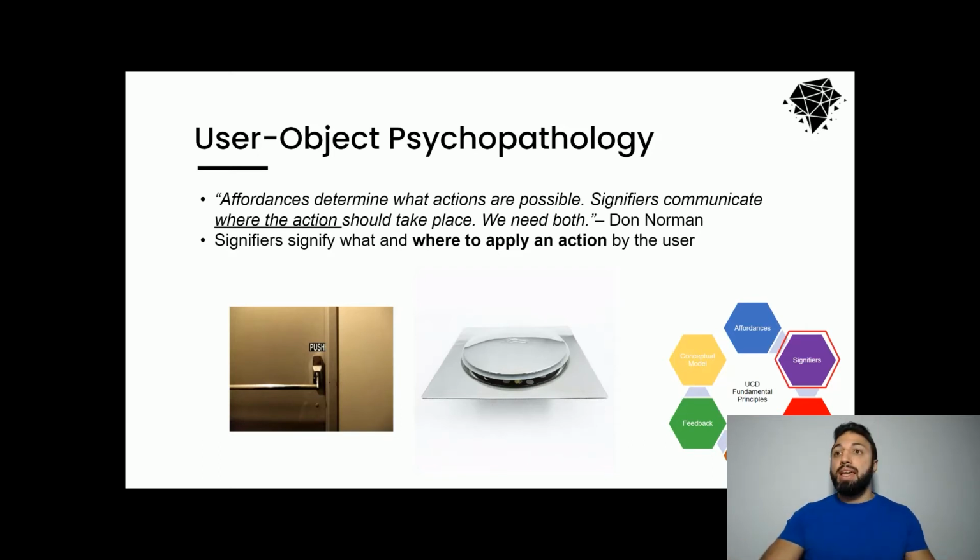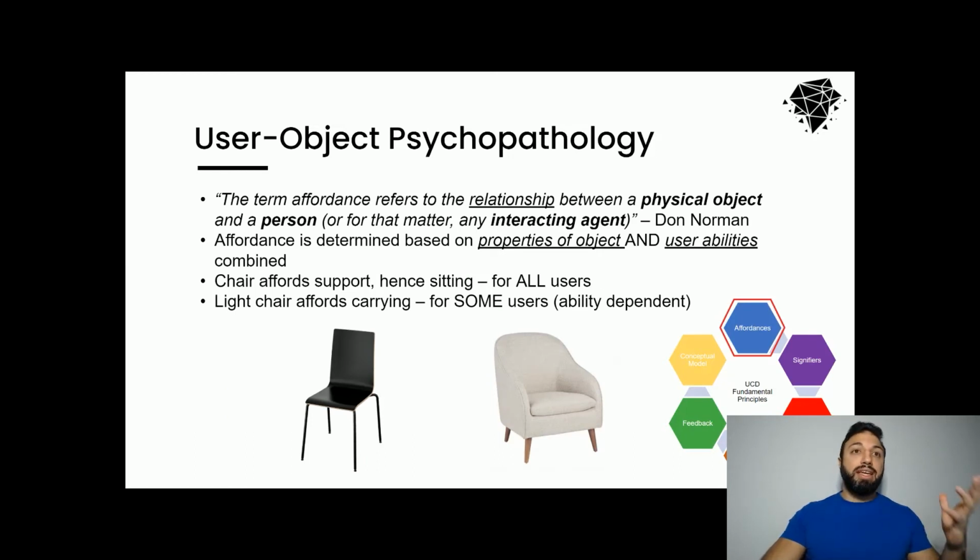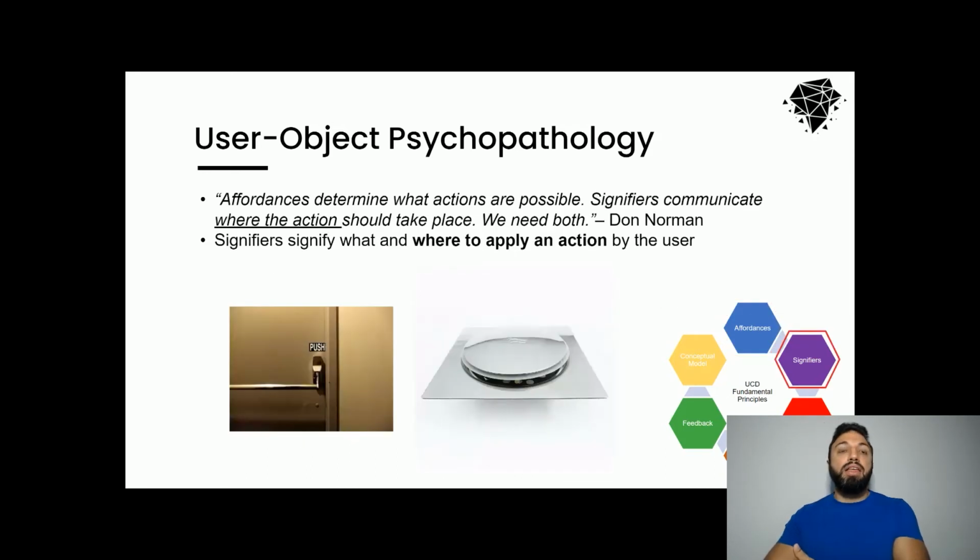So again, affordance is you designing the chair to be light enough for a user to carry it. The signifier, if needed, because not always is the signifier needed, you put a label, an icon, a directional arrow to show where to apply the force in order for the action to happen.